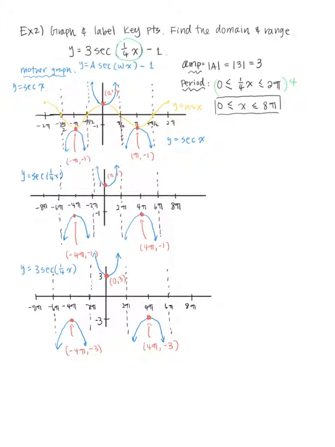So the final graph, y equals, what is that, 3 secant of 1/4 x and then -1. All you have to do is take the graph above, and for the y value, all you have to do is just subtract 1 from it, because you're going to be shifting 1 unit downward.